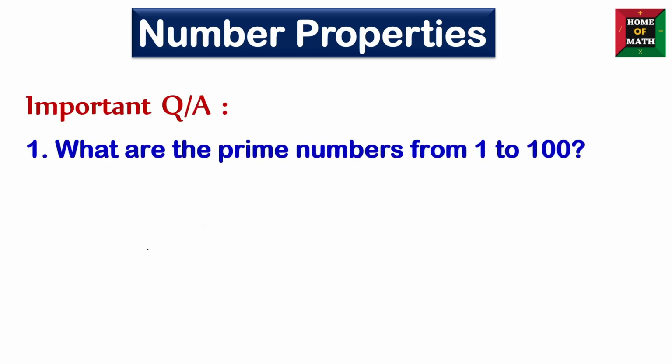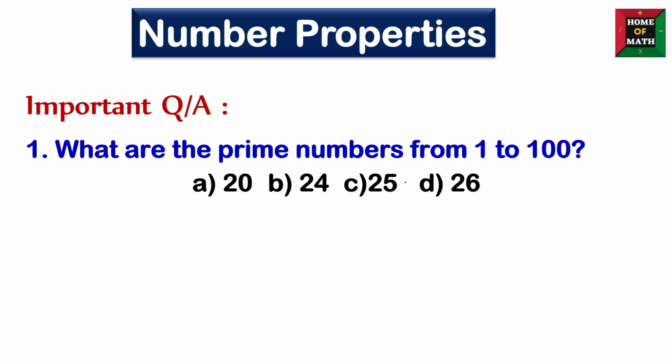Some questions: what are the prime numbers from 1 to 100? The options are 20, 25, 24 or 26.